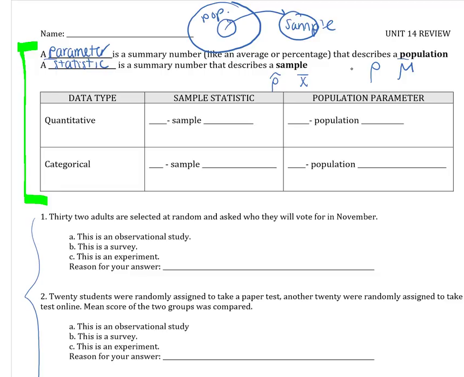So in quantitative data, we use an x bar, which is again a sample mean, to describe a mu, which is a population mean. Okay, so sample used to describe the population. We use a p hat with categorical data. So for example, the proportion of heads that you get when you flip a coin. This is a sample proportion, and we use it to describe P, the true population proportion.